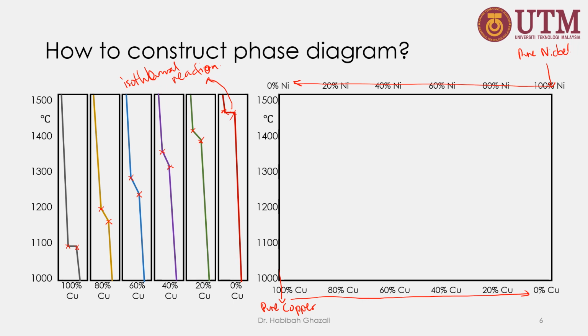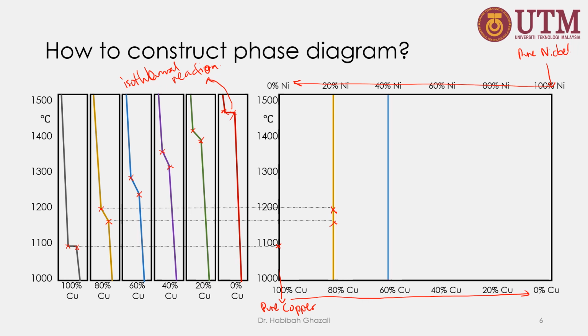So they begin with the temperature where pure copper will solidify, and we plot that temperature into this line here. And the next step is by plotting for 20% of nickel. The solidification begins at this point and it will end at this point.